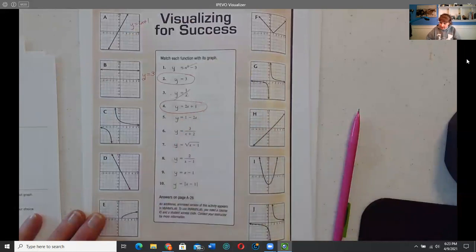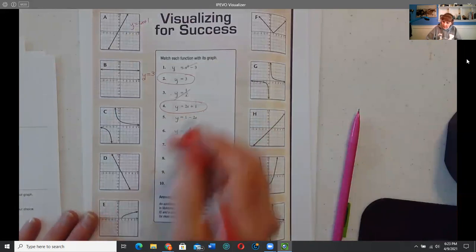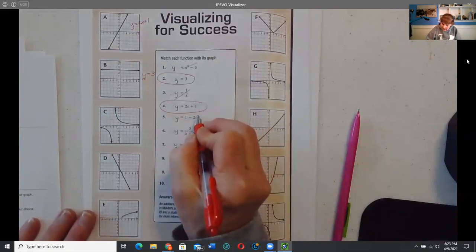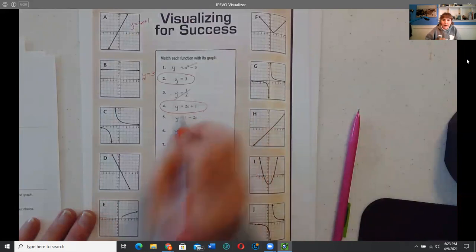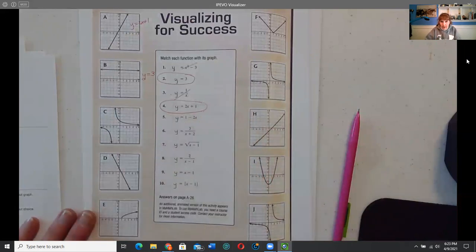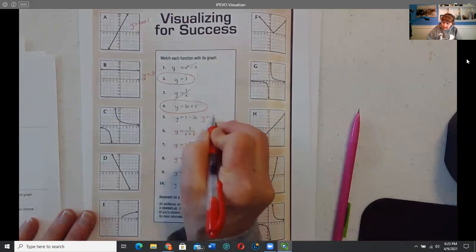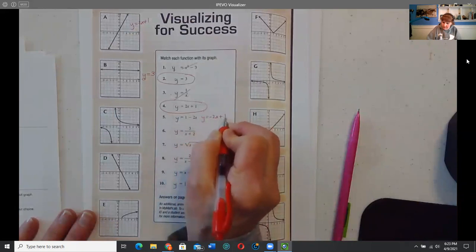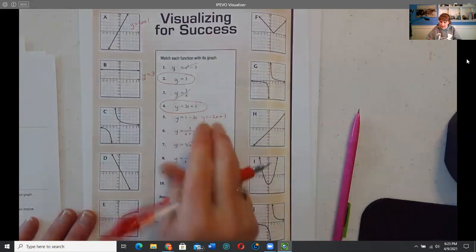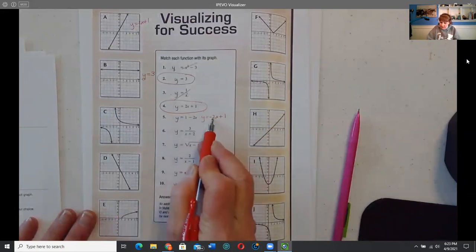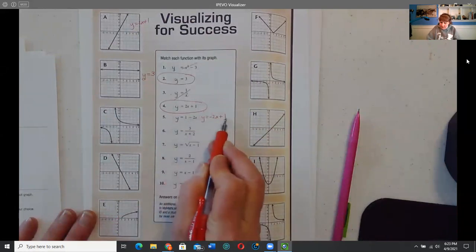Let's look at number 5. Number 5 is also linear because the x has an exponent of 1 and the y has an exponent of 1. And it's in the form, I could rearrange this, y equals negative 2x plus 1. I'm just going to swap these two. I kept the negative in front of the 2, and there's a positive in front of the 1.